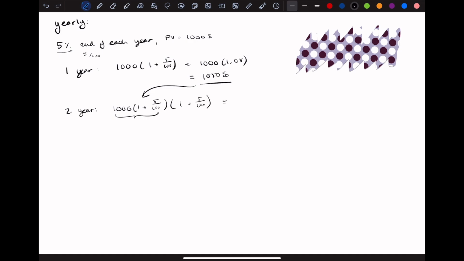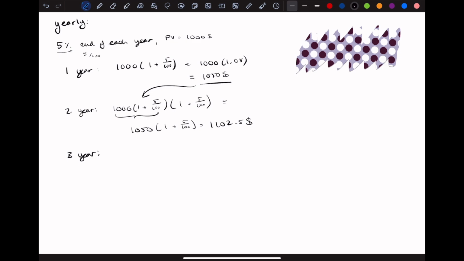So then I'm going to have 1,050 times 1 plus 5 over 100, which is going to equal $1,102.5.